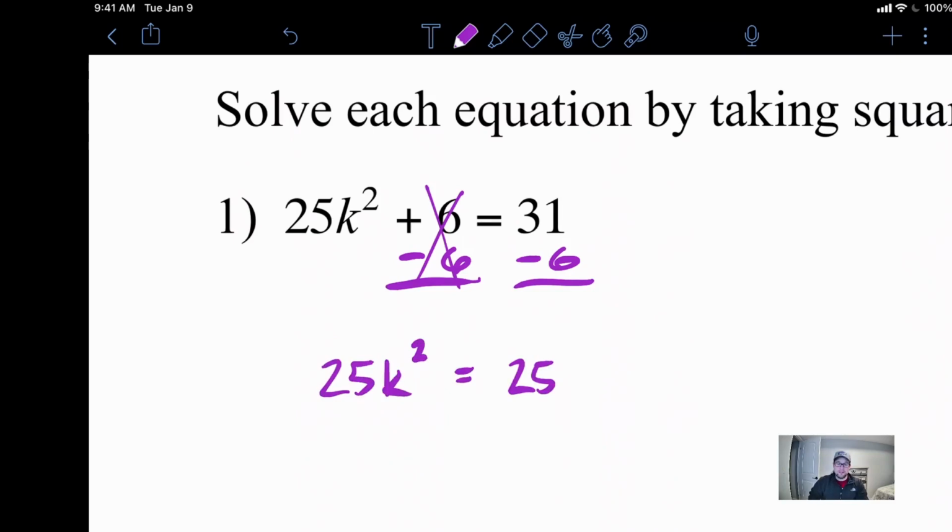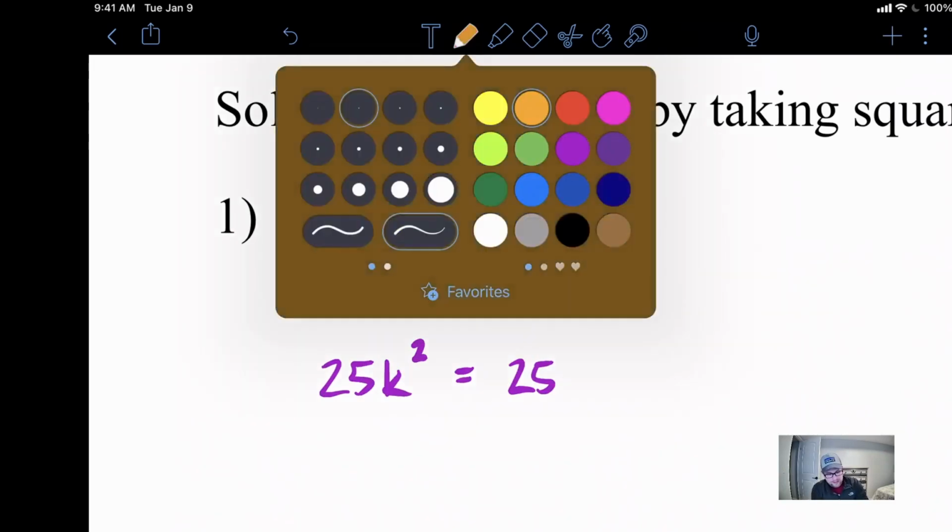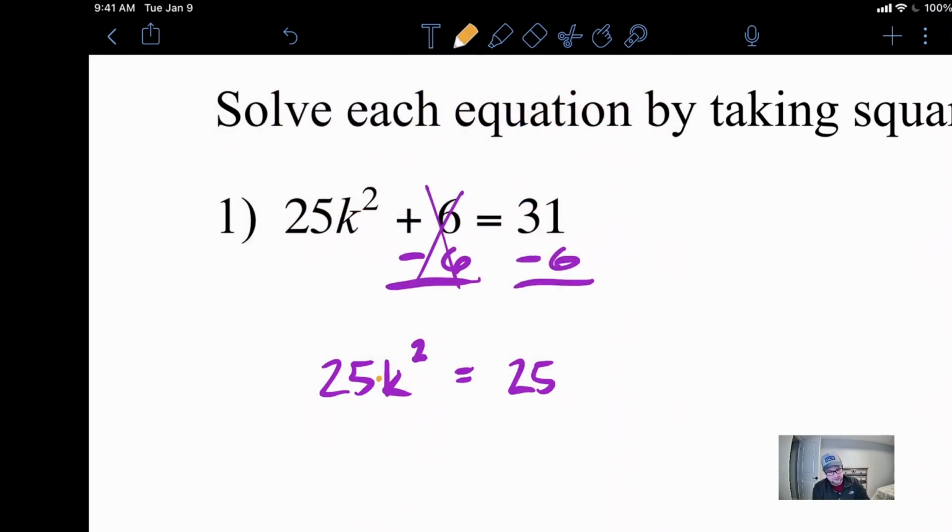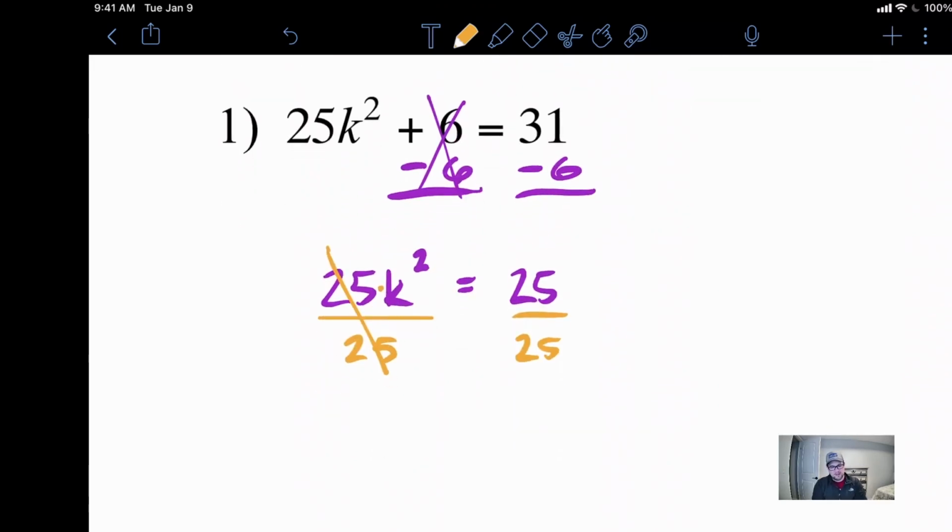Now to finish the problem, since 25 is hooked on by multiplication, we're going to unhook it using division. And that's going to make those two cancel off. So we're going to be left with k squared is equal to 1, because 25 divided by 25 is 1.